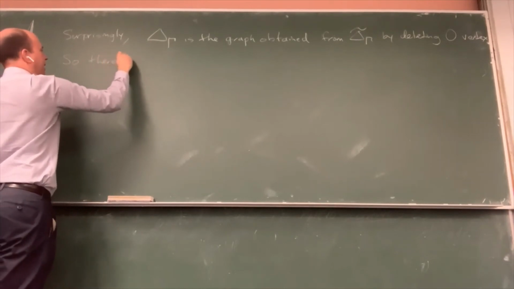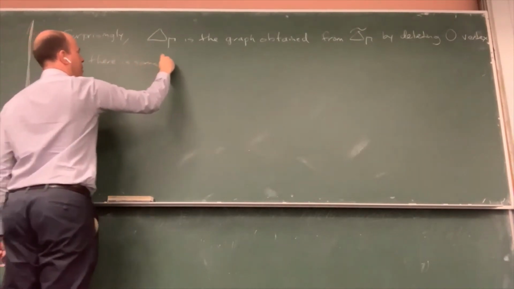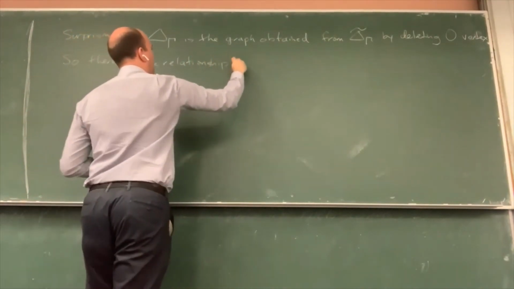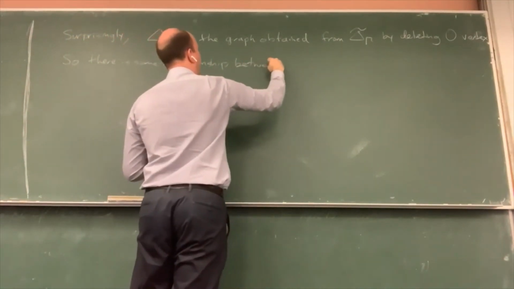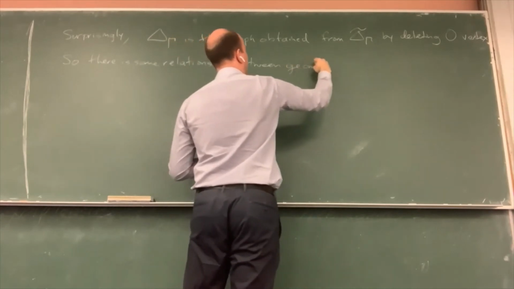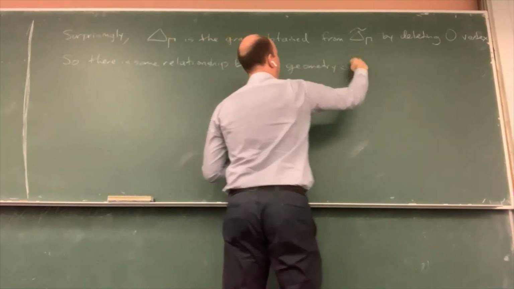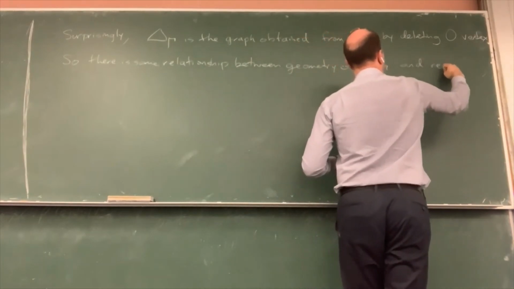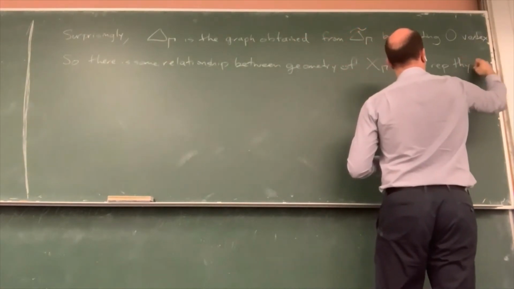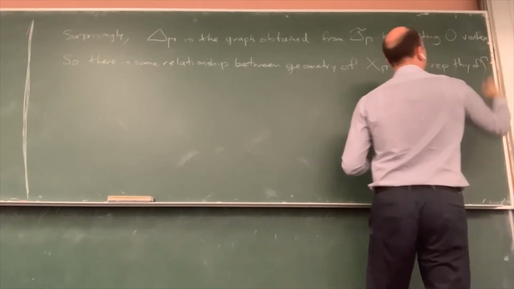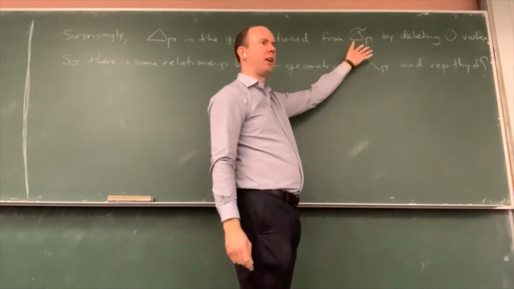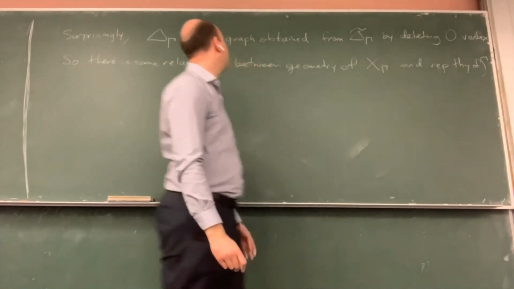So this is saying there's some relationship between the geometry of this minimal resolution X gamma and the representation theory of gamma. The McKay graph, delta gamma tilde, is defined purely in terms of representations of gamma.